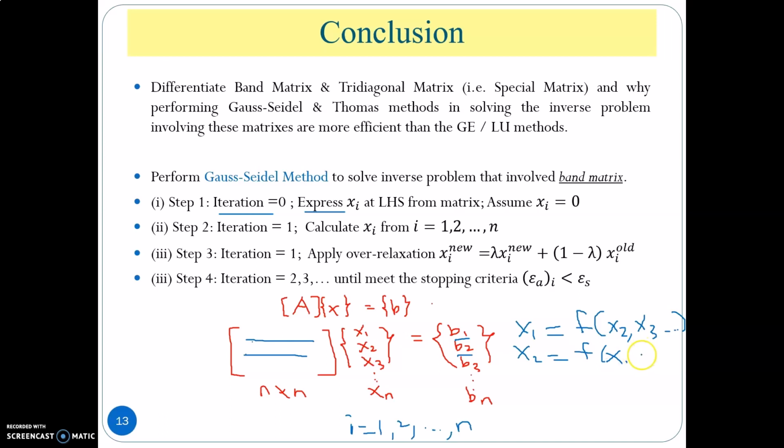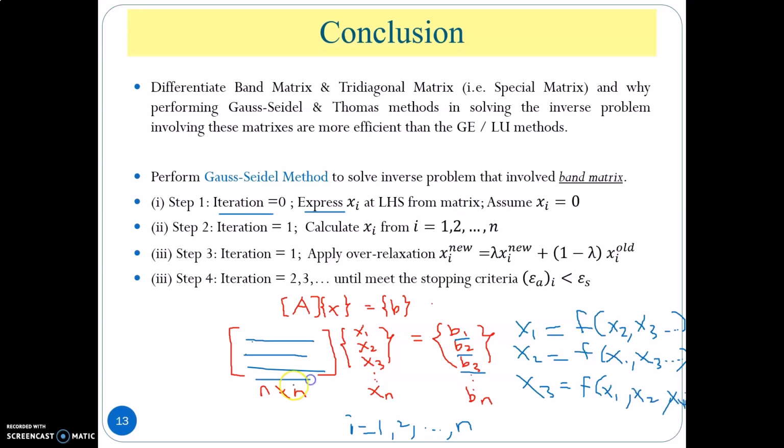So x2 is not included here because x2 is on your left hand side. So you continue with the x3, x4, and so on until xn. From the third equation here, then you can express x3 on the left hand side and put the other x at your right hand side. And this x might include x1, x2, x4, and so on until xn.